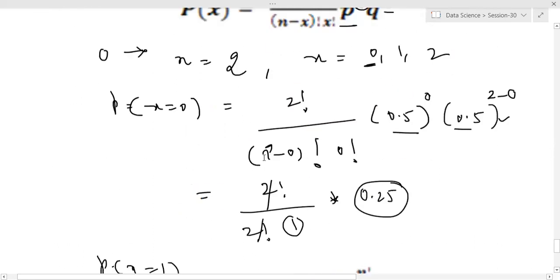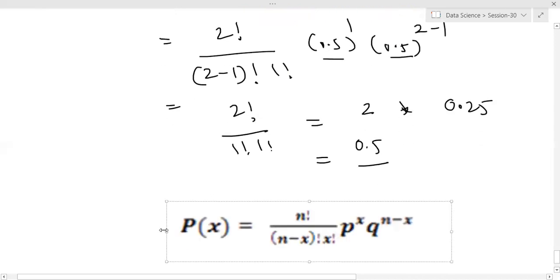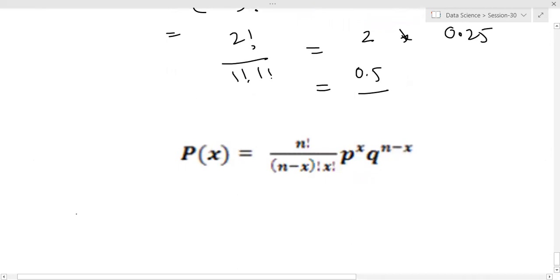Now give a try of probability of x equal to 2 also, so that we have all the values. Our n is equal to 2 and our x value is also 2 here.